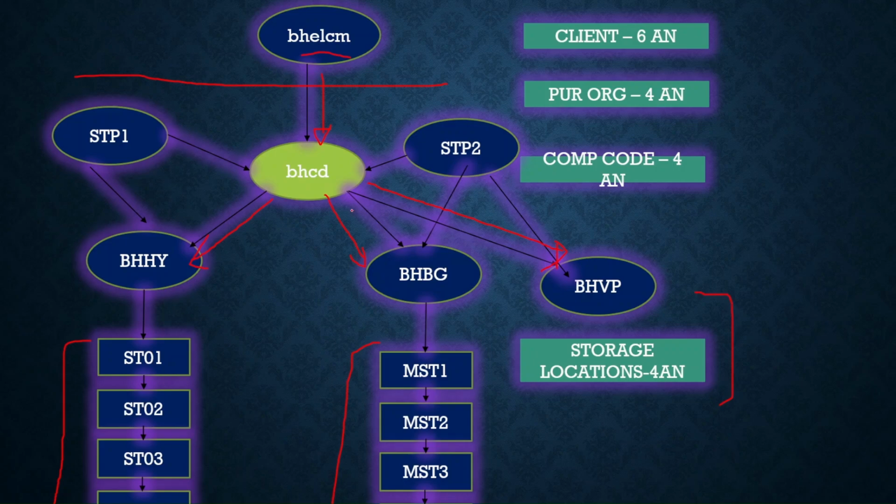The point is, client can be maximum 6 alphanumeric. Alpha means alphabet and numeric means numbers. So client can be up to maximum 6 alphanumeric. You can count 1, 2, 3, 4, 5, 6. Here it is 6 alphabets. That means it can be only numeric, or it can be only alphabet.